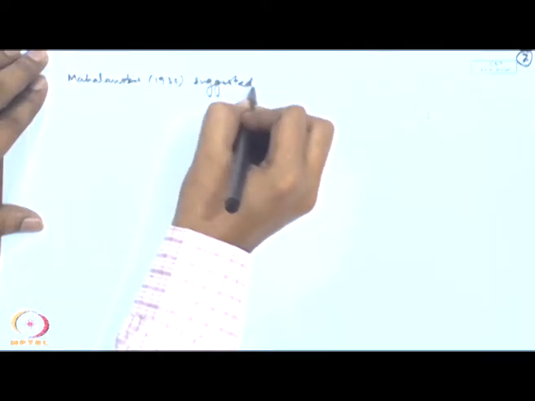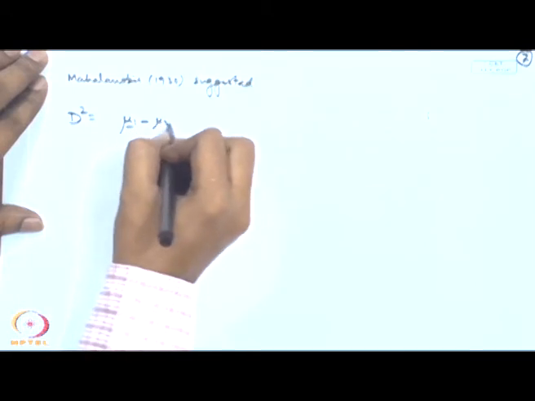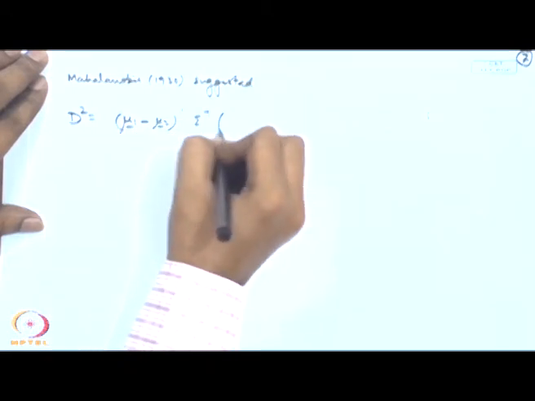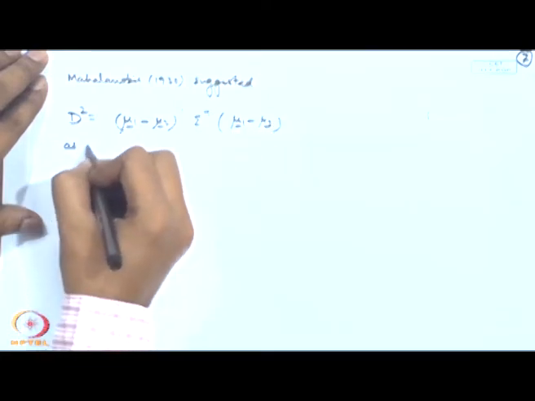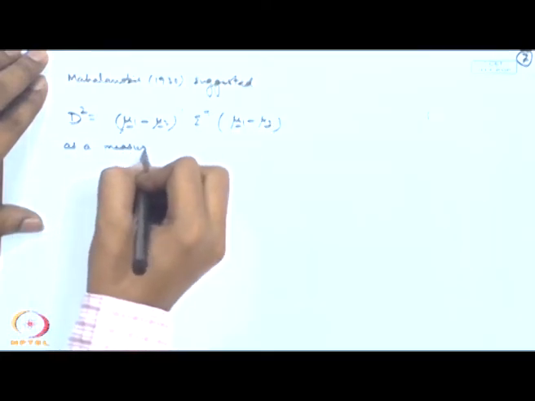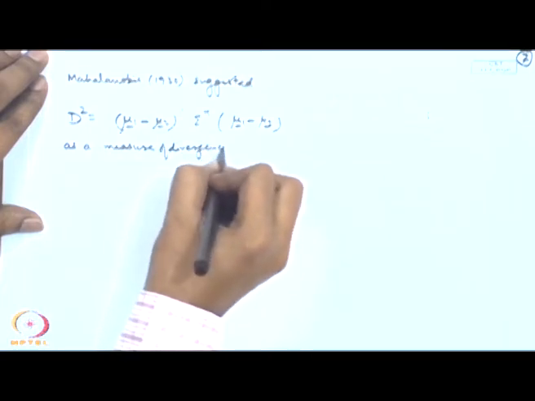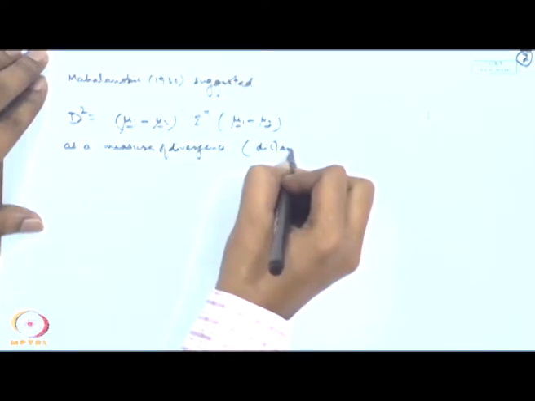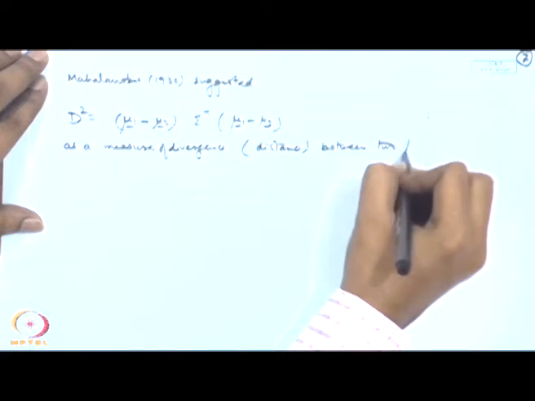He suggested using D square, that is (mu 1 minus mu 2) prime sigma inverse (mu 1 minus mu 2), as a measure of what he called divergence or distance basically between two populations.